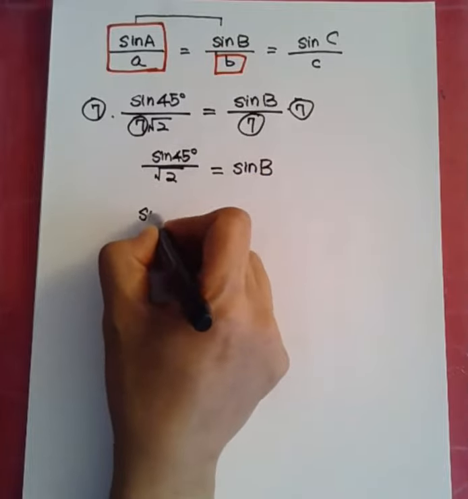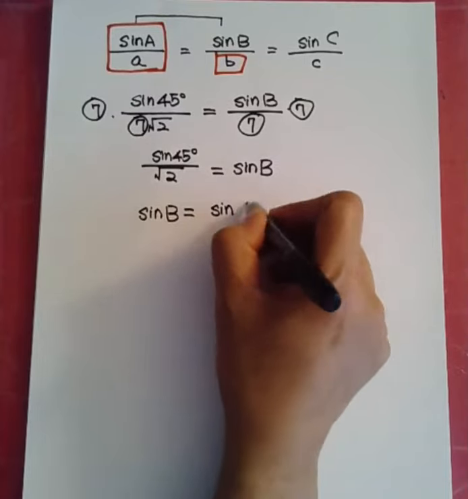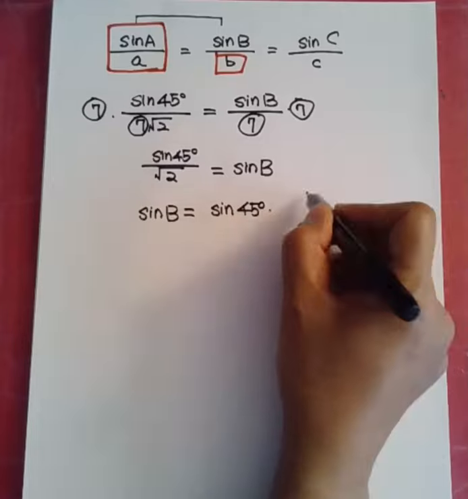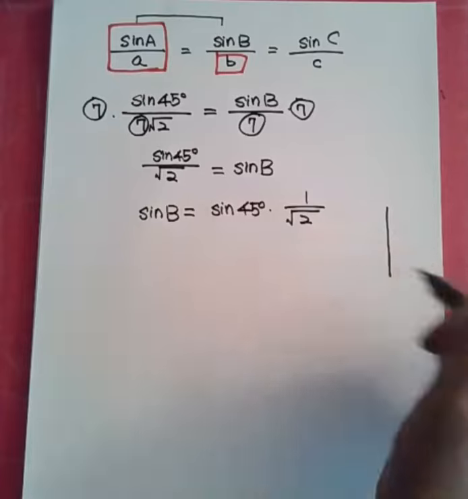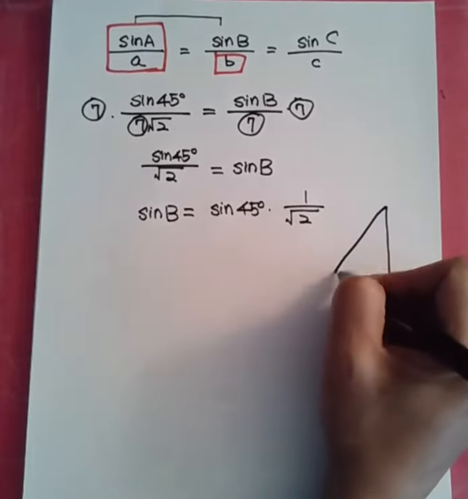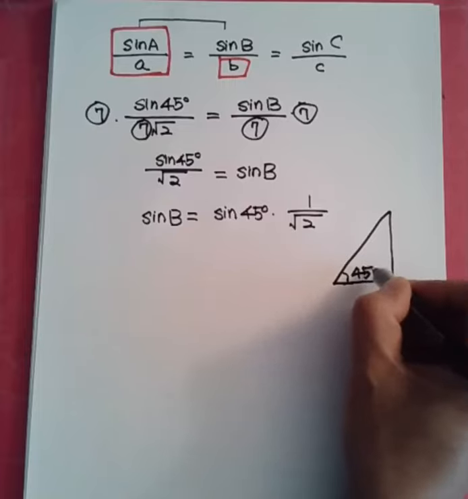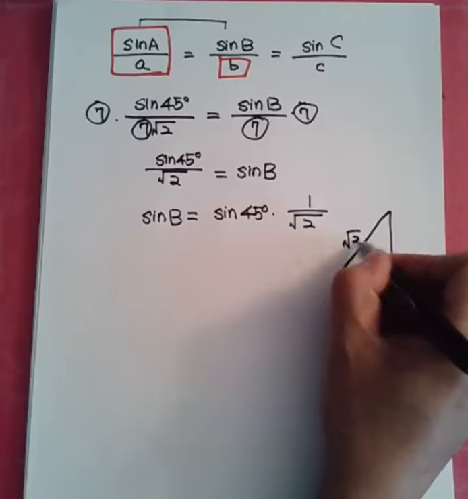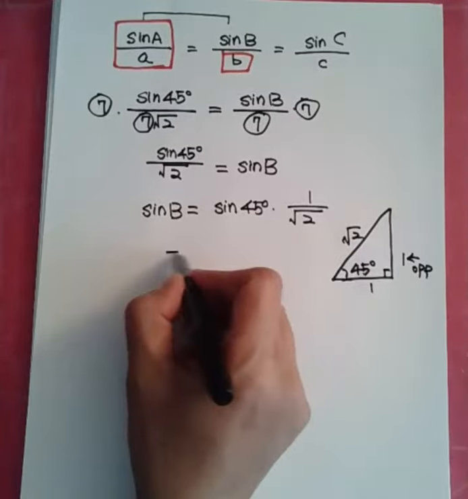So we can say that sine of B equals sine of 45 degrees times 1 over square root of 2. We know that sine of 45 degrees is 1 over square root of 2. So we can write that down as 1 over square root of 2 times 1 over square root of 2. That is 1 over 2.